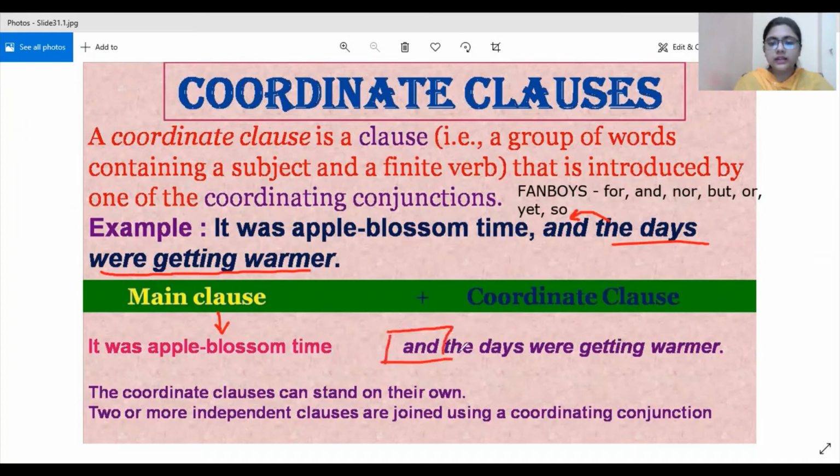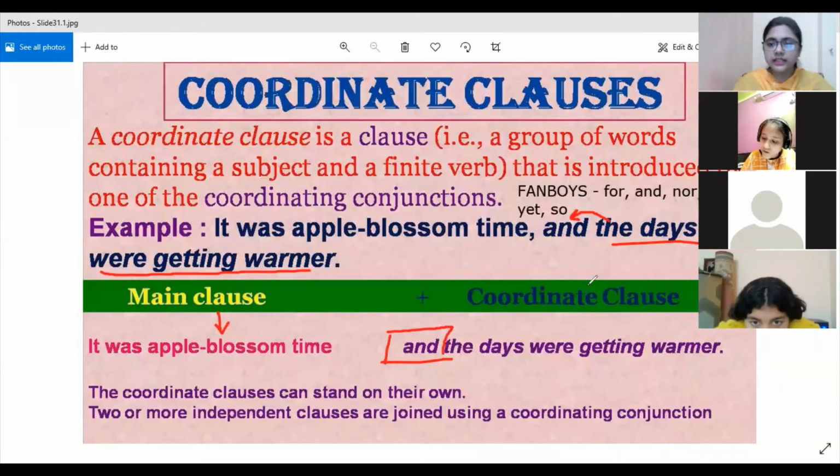If you look at both the sides of this conjunction, you will see that both the clauses are of independent nature. The clause it was apple blossom time, on the left side of the conjunction, and the clause on the right side, the days were getting warmer, both of them are main clauses. So that is also one characteristic of a coordinate clause, that it always joins two main clauses.